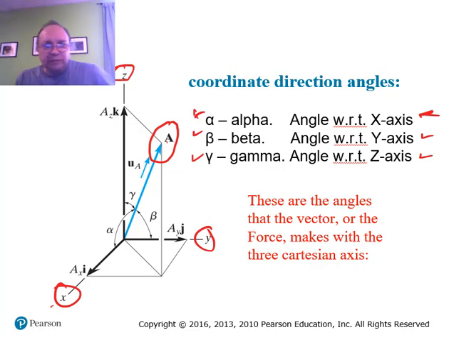So that's when things begin to get a little complicated to visualize in a 2D plane, which is your paper or your screen, from a 3D vector that is in space.